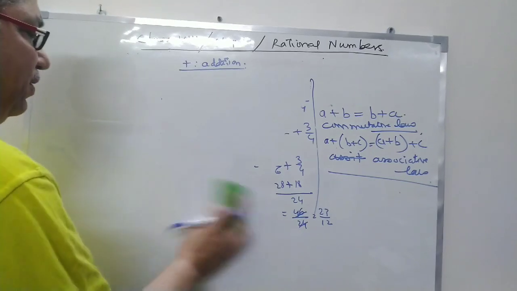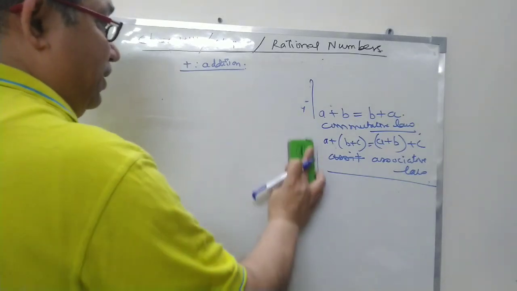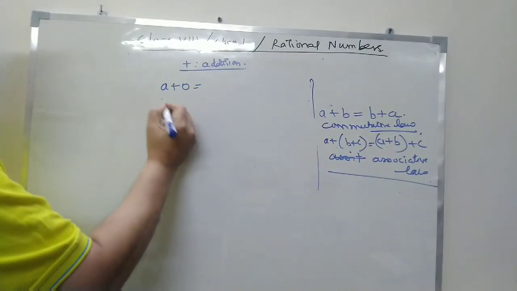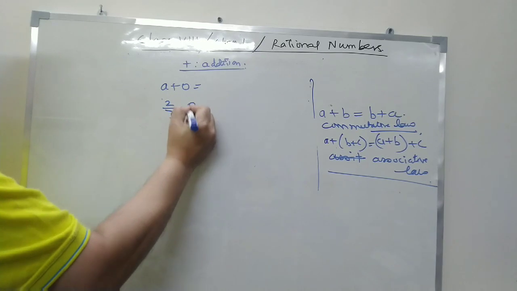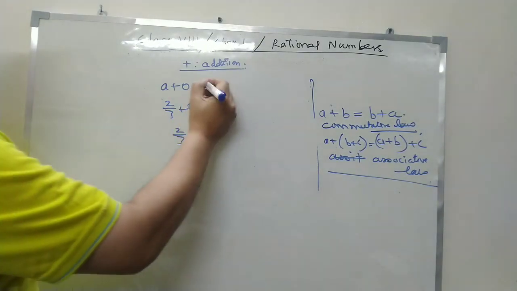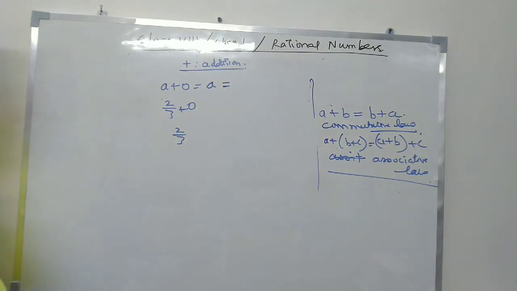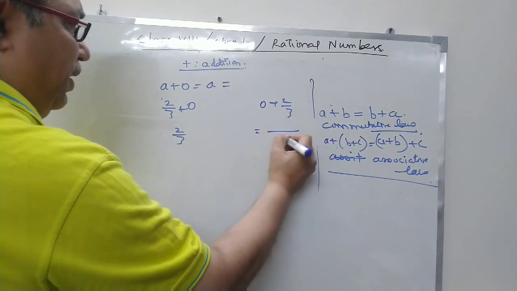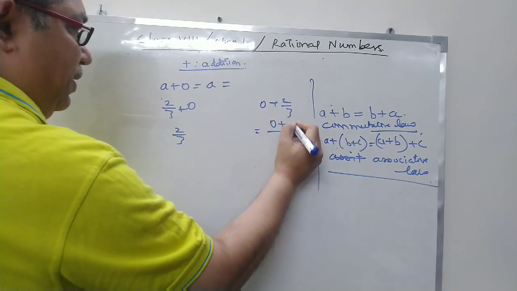That means if I add 0 to a number, will I get back the same number or will I not get back the same number? A plus 0 is equal to what? Suppose I have 2 by 3 plus 0, what will it be? 2 by 3 only. So that means A plus 0 is A. Now let me try 0 plus A. Even if you take LCM, what does it become? 0 plus 2.